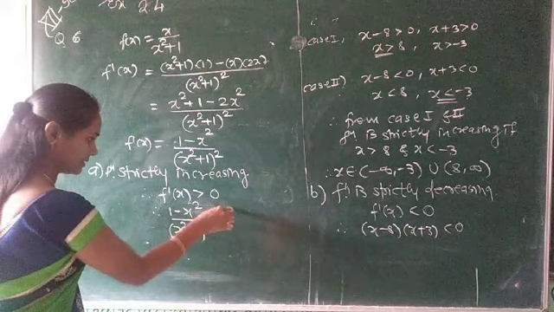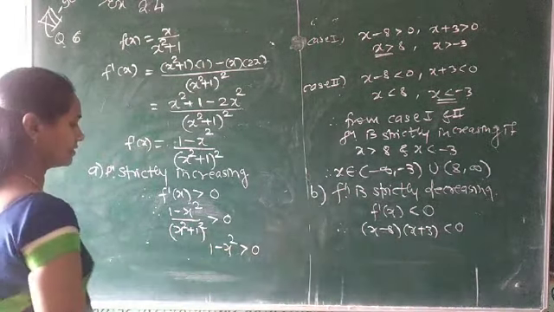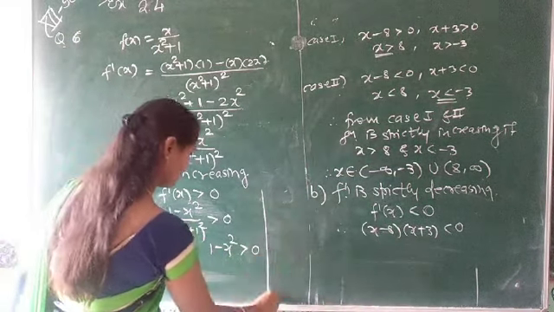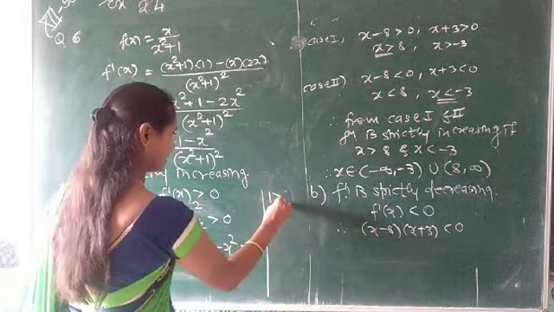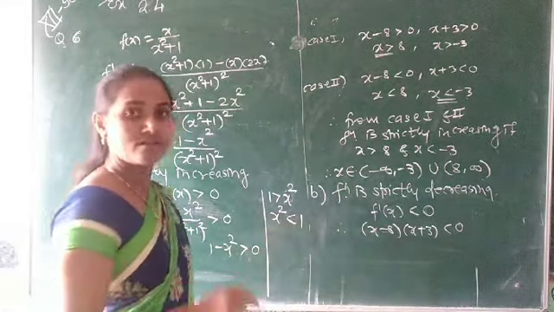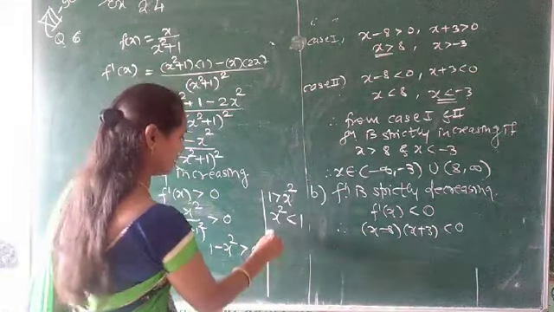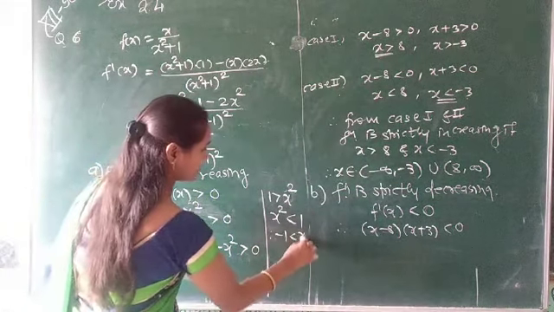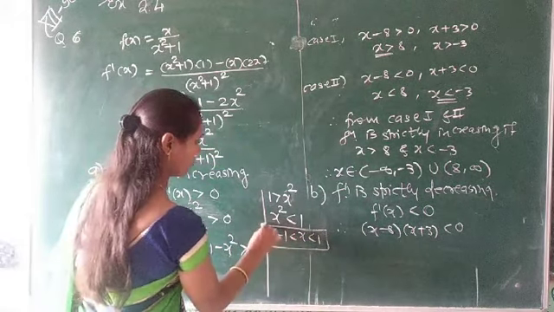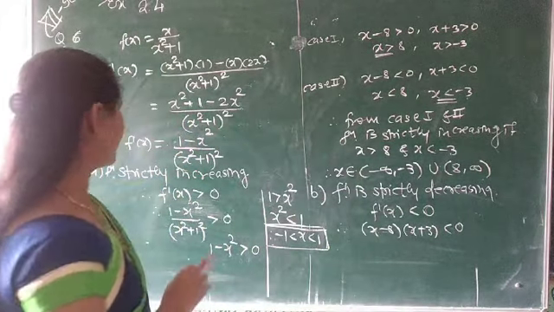The denominator is always positive, so we need 1 minus x square greater than 0, that is 1 greater than x square, or we write x square less than 1, since the value of x lies between minus 1 to 1. Therefore, minus 1 less than x less than 1. These are the possible values of x if the function is strictly increasing.